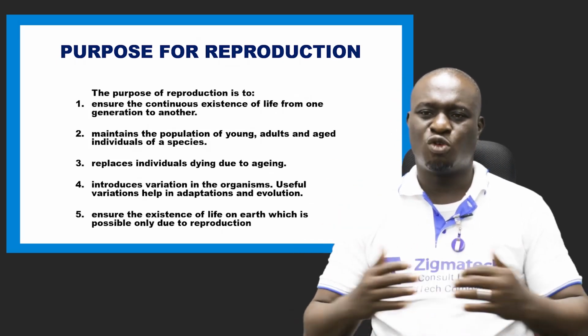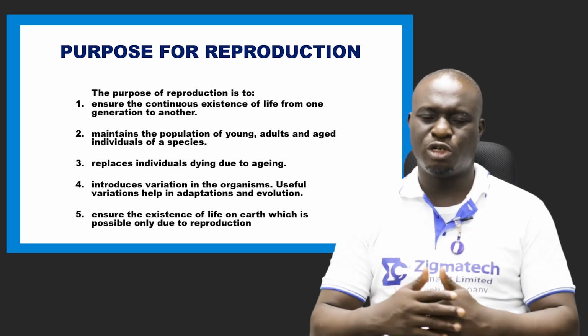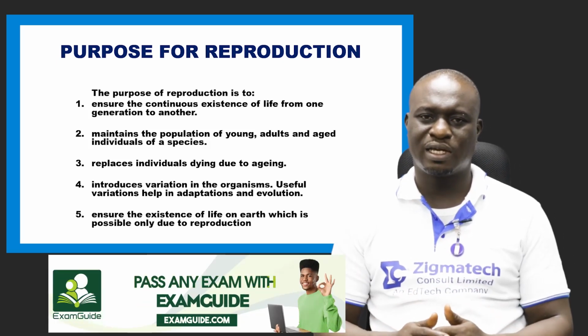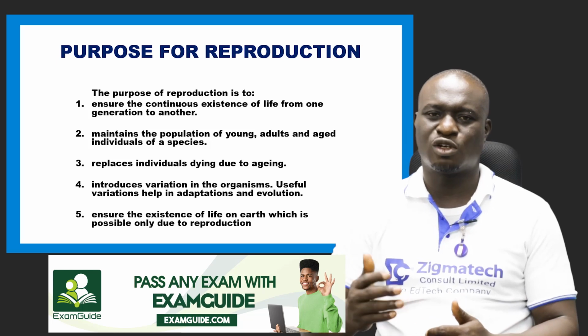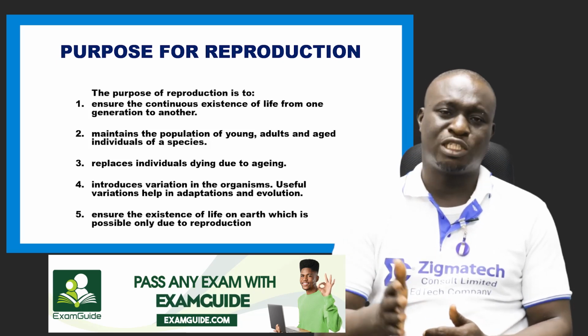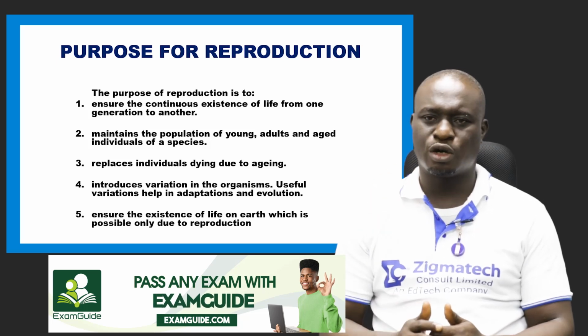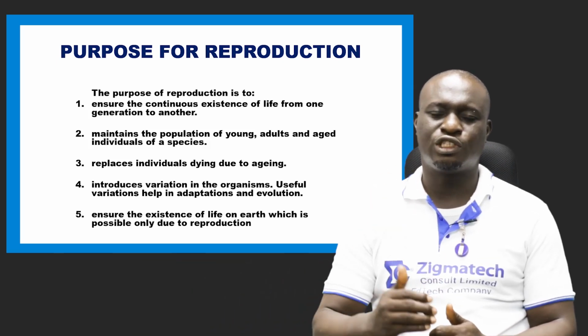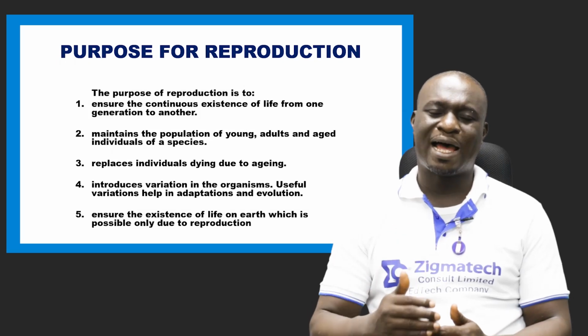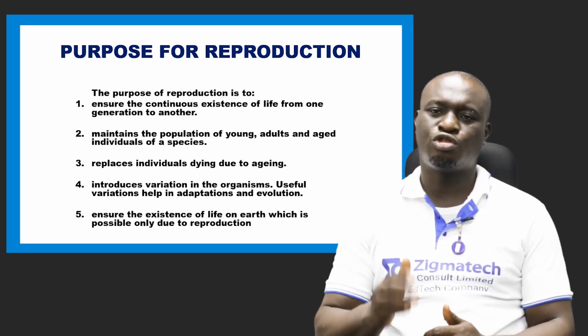It means that there will be no continuity of life. There will be no continuous existence of that particular lineage, of that particular generation. So one of the major purposes for reproduction is to ensure the continuous existence of life from one generation to another.